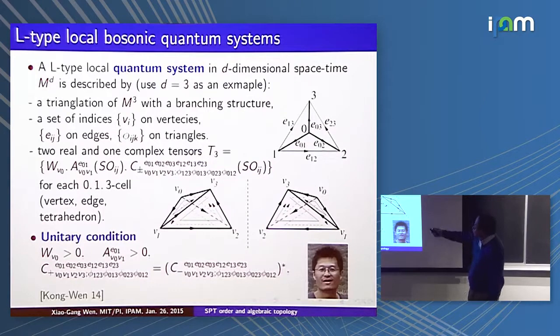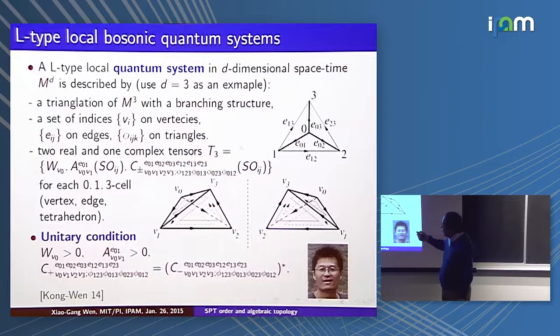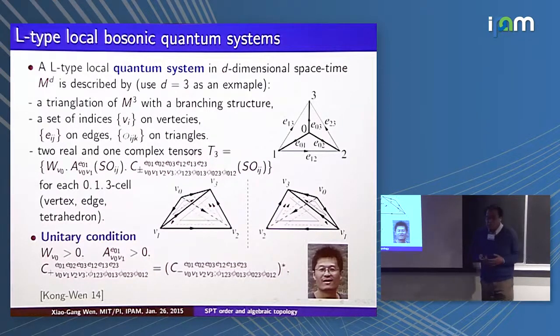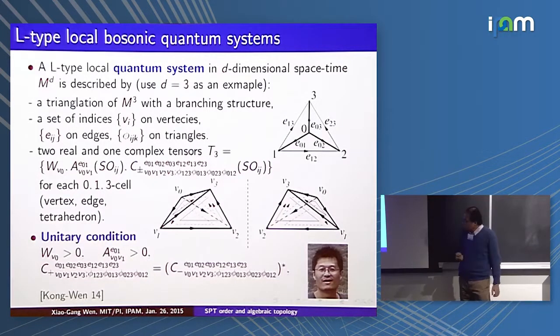Because we have a manifold, you can imagine we have SO(N) connections. On an edge, we can have an SO(N) connection, which is described as some kind of SO transformation. So those tensors may depend on those SO transformations in general. So this basically is the data which defines a so-called L-type theory.